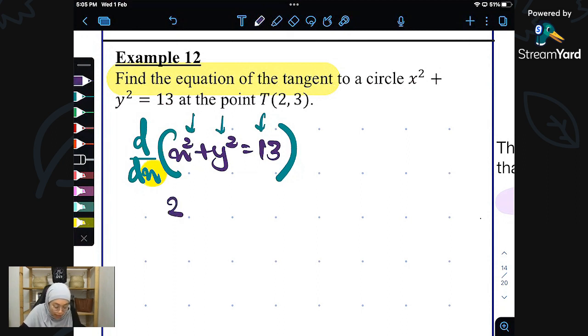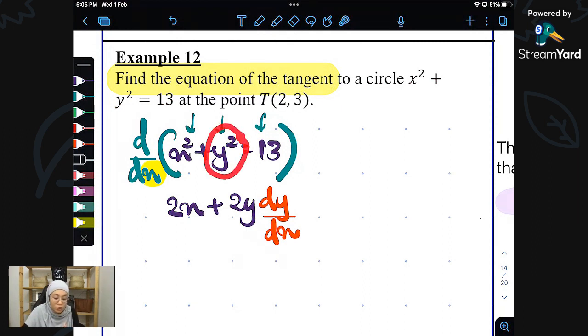We will get 2x plus 2y, but this 2y must have dy/dx with it. I use the orange color so that you remember whenever we differentiate y with respect to x, we must have dy/dx at the back of the 2y.